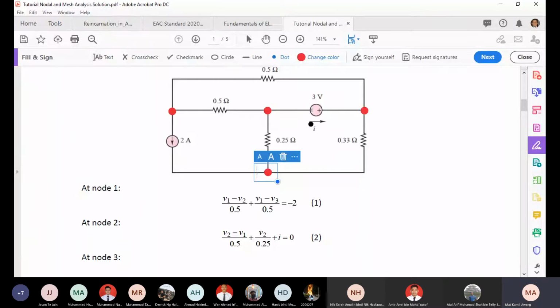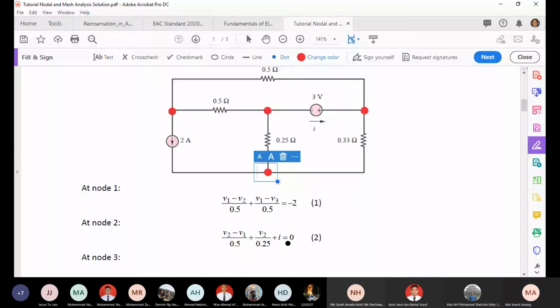Since the convention for this textbook is that going in is minus and going out is plus, this is actually minus V1 minus V2 over 0.5, basically written as V2 minus V1 over 0.5 plus V2 over 0.25 plus I equal to 0. So that is node 2.